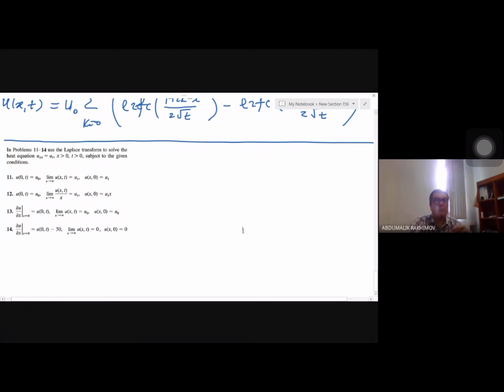Okay, I think we can read it. In problems 11 to 14, use Laplace transform to solve the heat equation subject to the given condition.